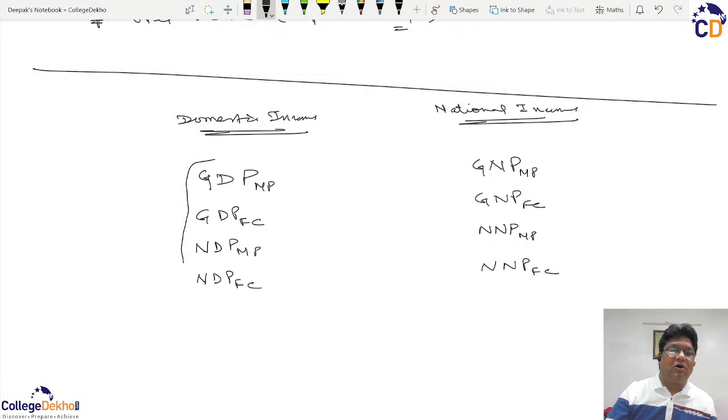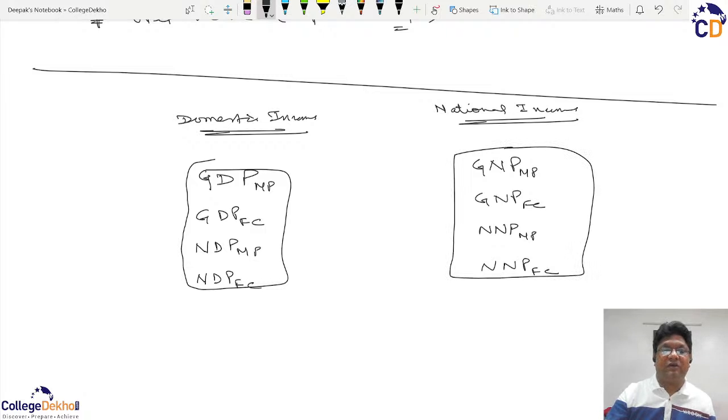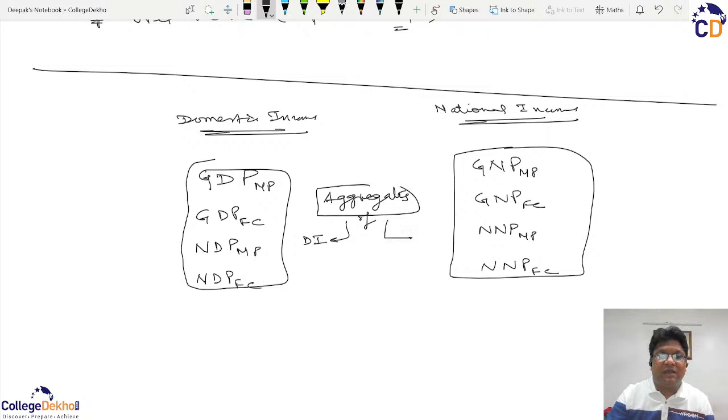So they all denote various values, considering various cost figures. So they are known as the aggregates, that is the different values that could have been calculated. This is the aggregate of domestic income, and this is the aggregate of national income.